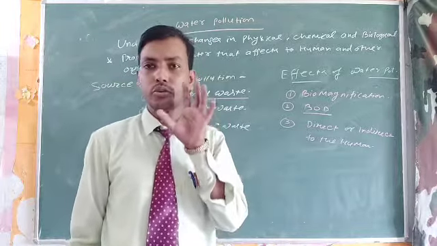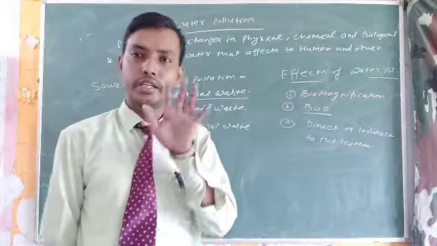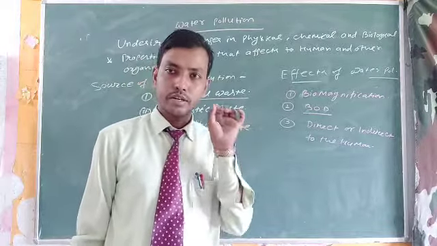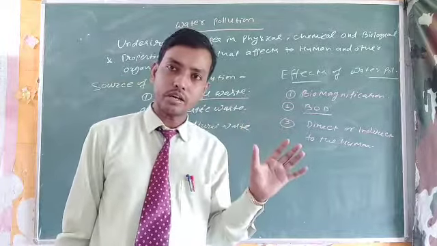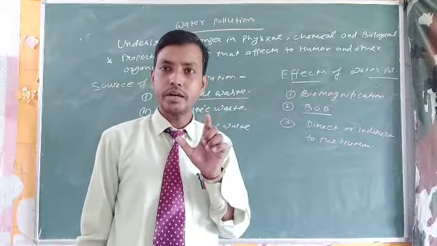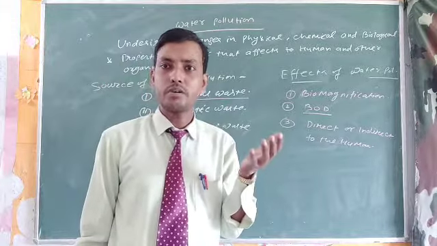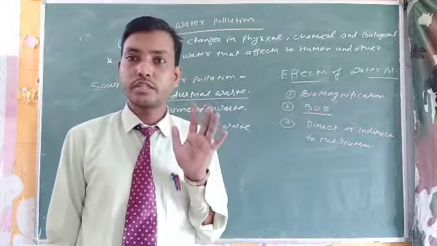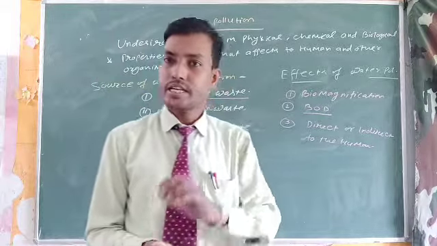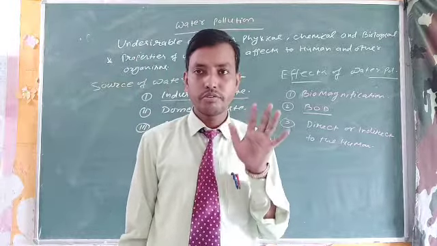Your homework is to reduce the water pollution. What are the methods to reduce water pollution? It is your homework, with the heading: the prevention of water pollution. As you all know, water before discharge into a water body needs to be treated in sewage treatment plants. As you are aware from the different kinds of models and projects in science exhibitions, it is popularly known as STP, the sewage treatment plant.